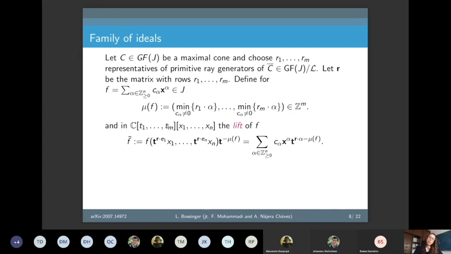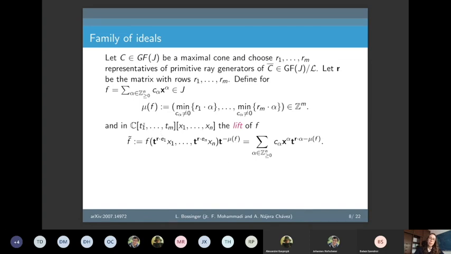I have one t for every ray, and this lifted polynomial has the same monomials in x's as my element f, but every monomial is endowed with another monomial, a coefficient in t's, that is given exactly by the product of my matrix R with the multi-exponent, and then I subtract this vector of minimums.